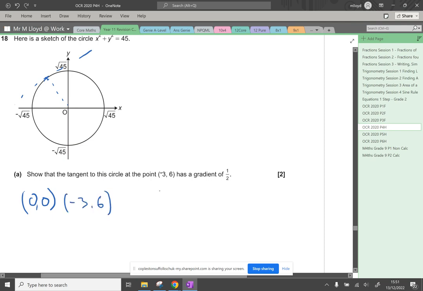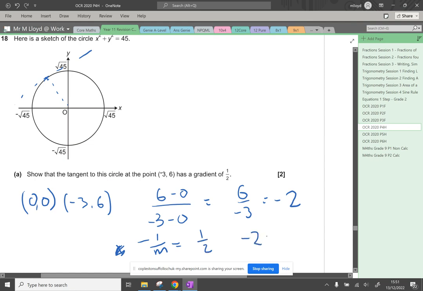So if we do y2 minus y1 over x2 minus x1, we get 6 over -3, which is -2. And then we do -1 over m, which gives us 1 over 2, because -2 times by 1 over 2 equals -1, and that's what we need to multiply by.